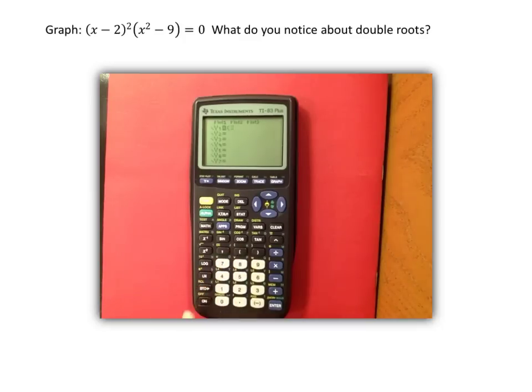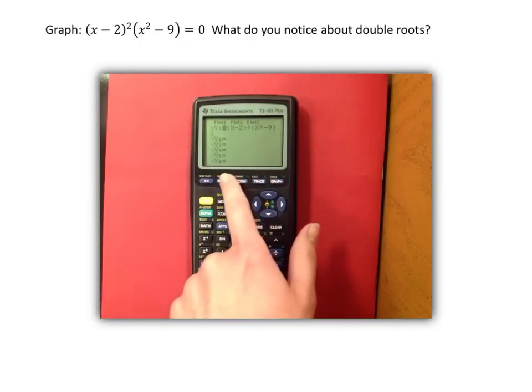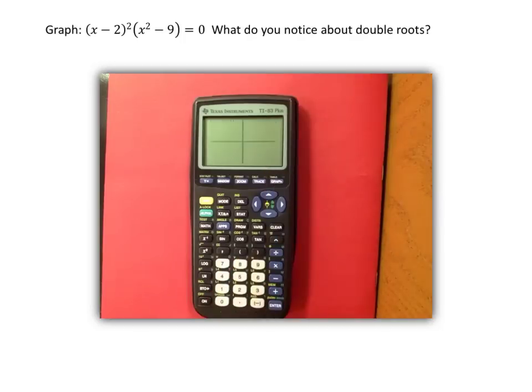So (x minus 2) squared times (x squared minus 9). And as long as your window is set to a standard viewing window, you can graph it. And so we've got this sort of thing happening.